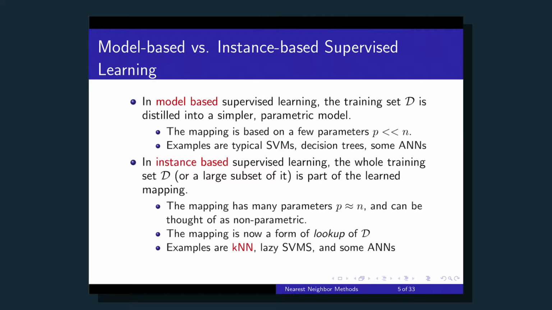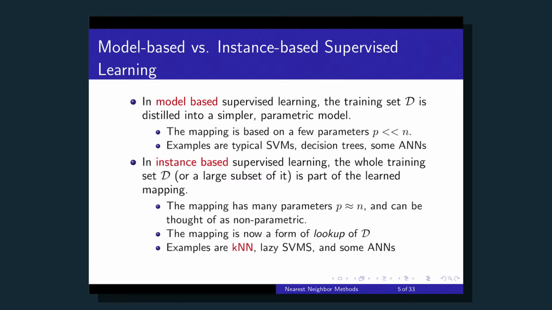SVMs are a difficult class in this matter. There are both instance-based SVMs and model-based SVMs. Model-based SVMs generally just reduce your whole data set, your points, into maybe a few support vectors. If the term support vectors doesn't mean anything right now, don't worry, we'll learn about them next week.